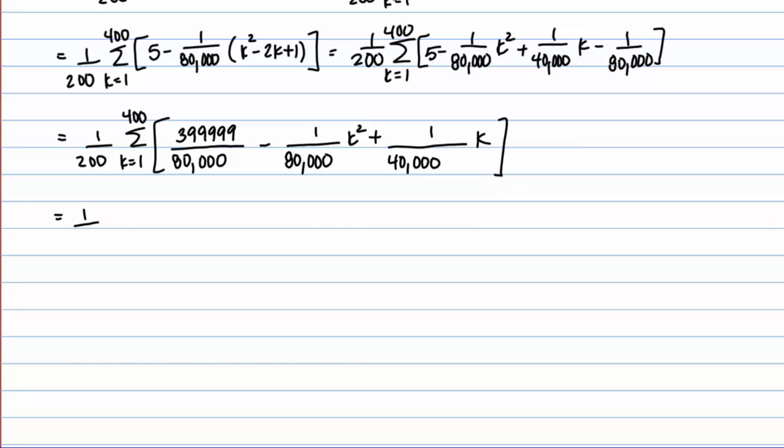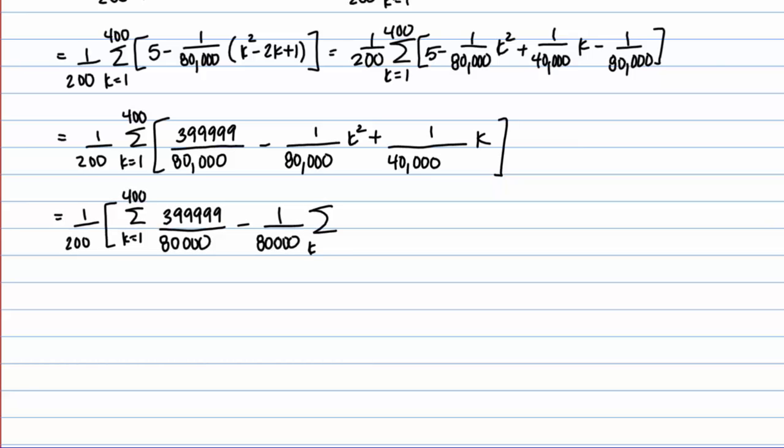Although first, it might be nice just to split this up. So I have this constant, minus, I can pull out the 1 over 80,000 times the sum of k squared, plus 1 over 40,000 times the sum of k.